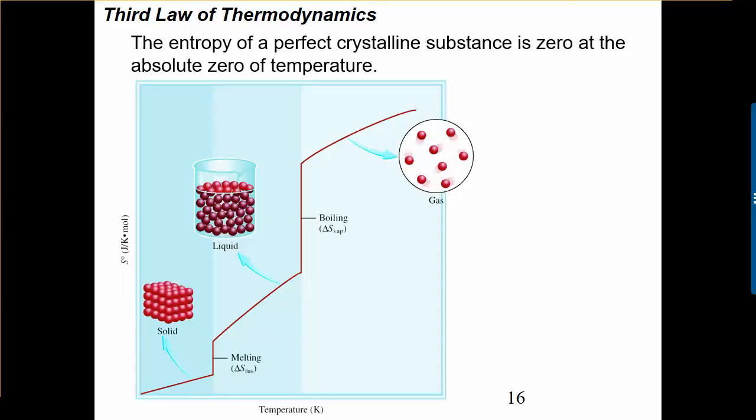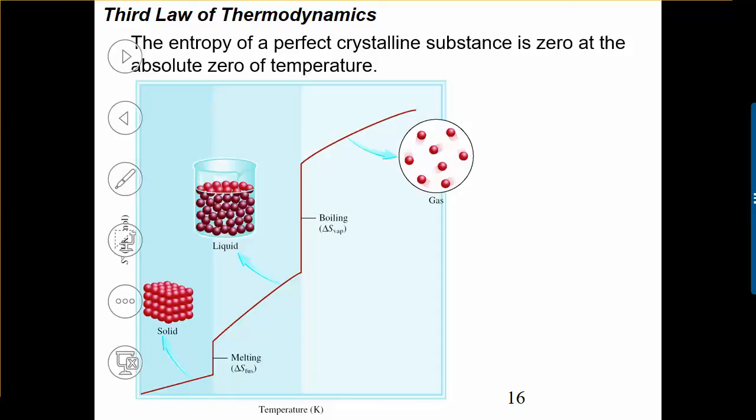Because at any temperature, there will be energy in a molecule, and that molecule will be vibrating, if nothing else. So to remove all energy from it would cause it to stop vibrating and be in its most perfect state.